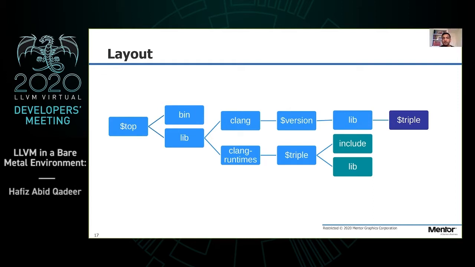For example, one thing is that Clang can support many different targets. So if we start putting each sysroot directory in the top-level folder, then it can crowd it out. There will be a lot of directories if we are supporting multiple toolchains. And the other thing is that the directory layout for a Clang sysroot may look a bit different from the directory layout of a GNU sysroot for a bare metal target.